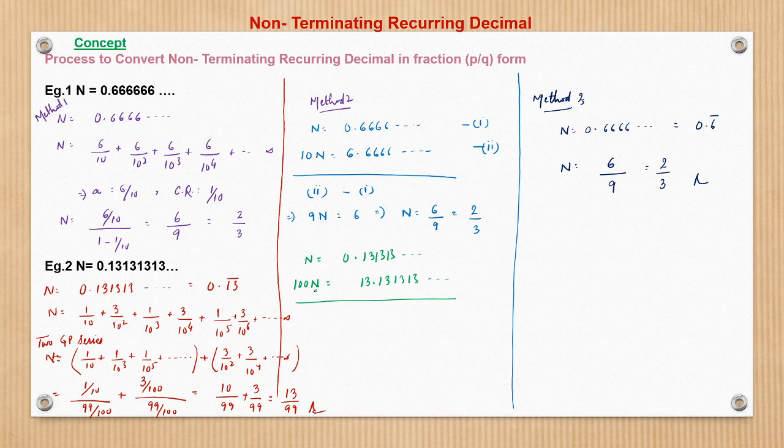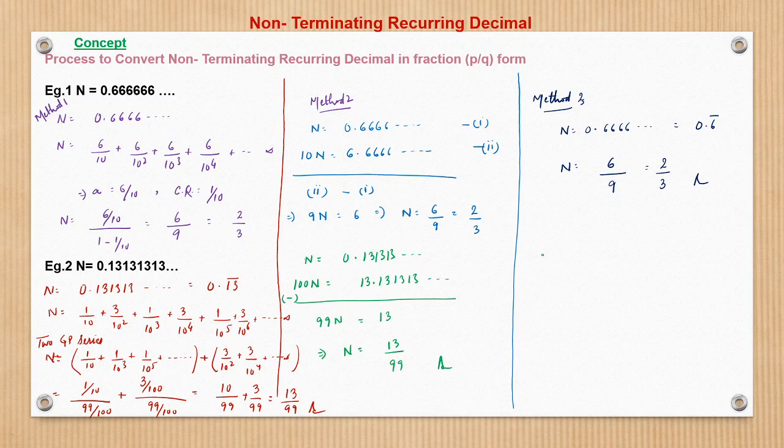Subtracting the first from the second, it gives 99 n equal to 13.1313 minus 0.1313, which is nothing but 13. So from here n is nothing but 13 by 99, same as what we got before.